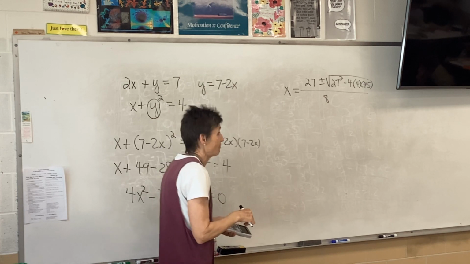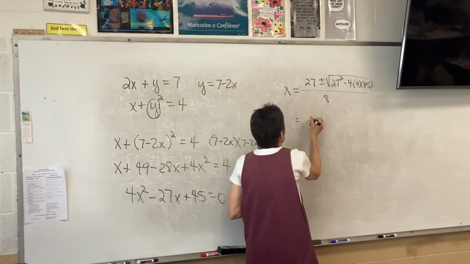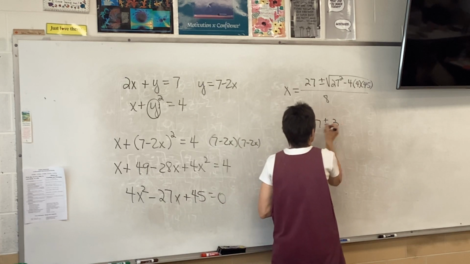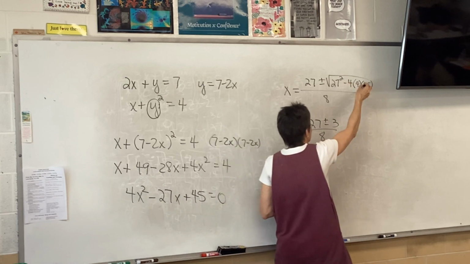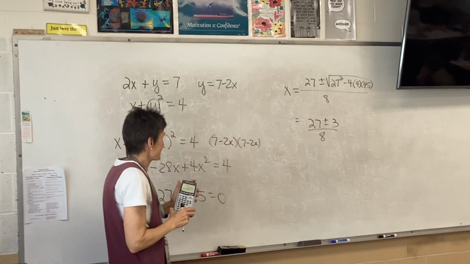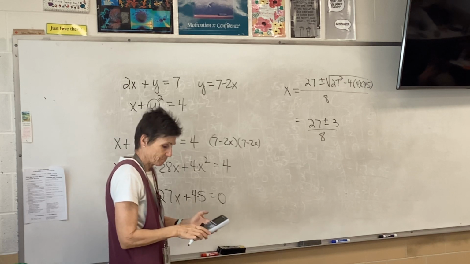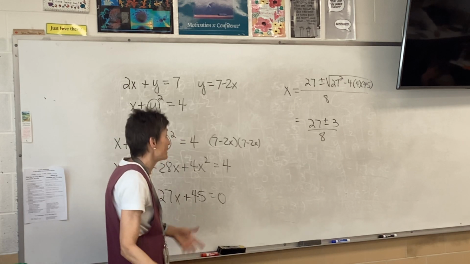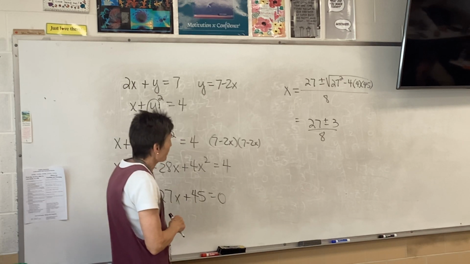Oh my gosh, it did factor. So we got 27 plus or minus 3 over 8. This works out to be 9. So this thing did factor. But we didn't know that, so it's okay. So what are my answers?